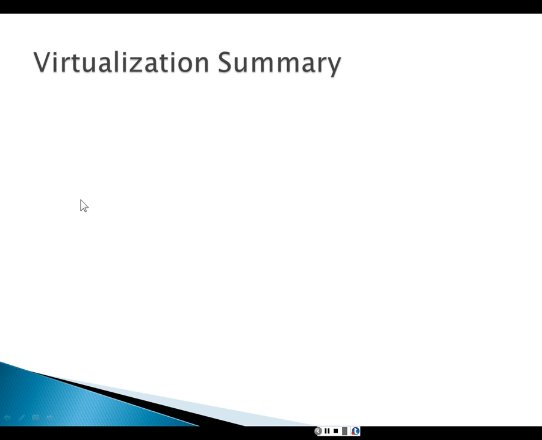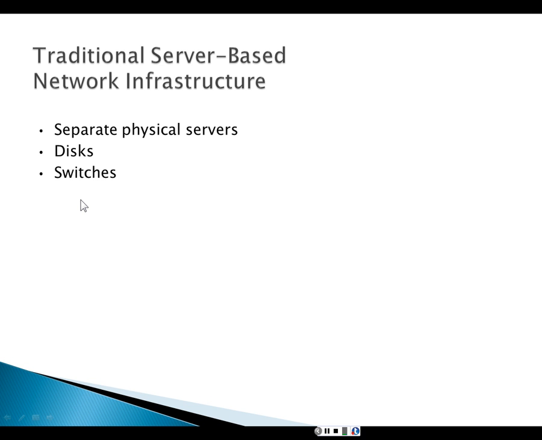So, in summary, virtualization. A non-virtualized environment is what we call the traditional server-based network infrastructure. It's where we have separate physical servers, which can be extremely inefficient. It's where we have disks located in the servers, and switches to hook them all together.